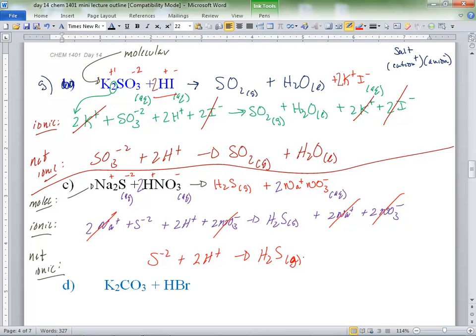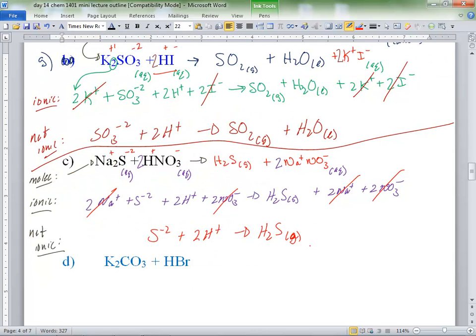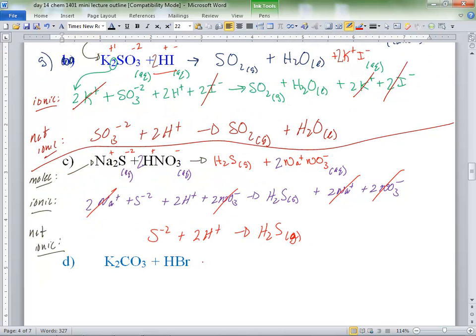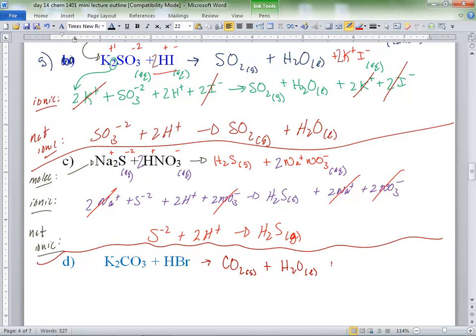Let's see if you're getting this one. Carbonate, that should be CO2 gas and H2O liquid. And then write what's left over. Well, I've got a plus and a minus, plus and a minus 2.